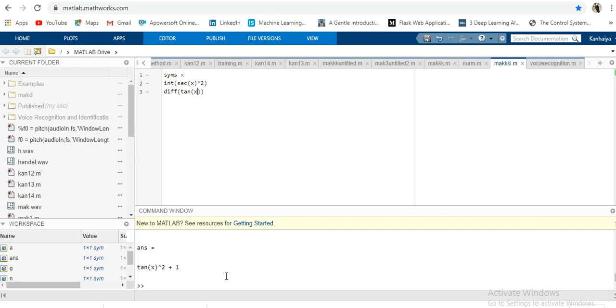Okay, tan x square plus 1 it is giving, and sec x square. We have to differentiate sec x. Okay, let's leave it.